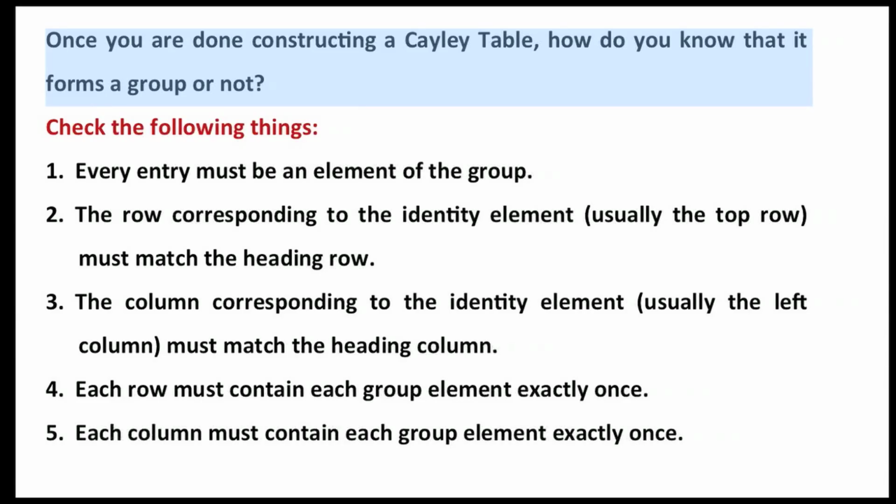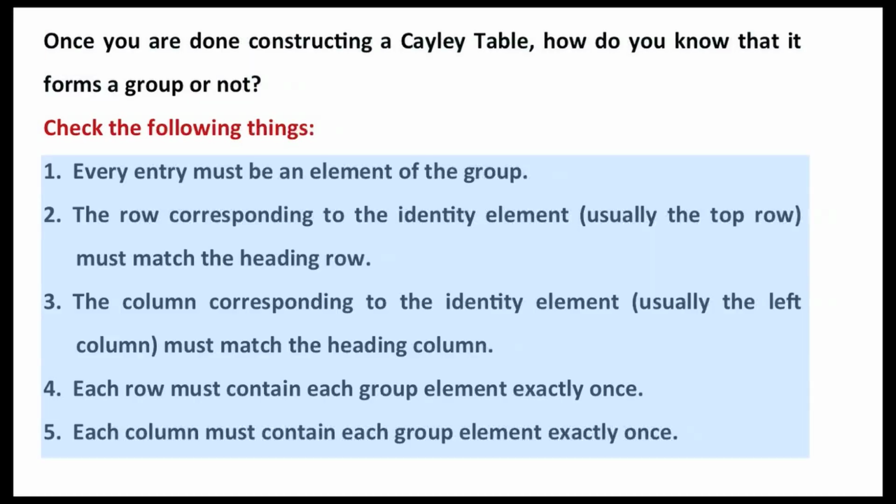Once you are done constructing a Cayley table, how do you know whether it forms a group or not? Check the following things. One, every entry must be an element of the group. The row corresponding to the identity element, usually the top row, must match the heading row.